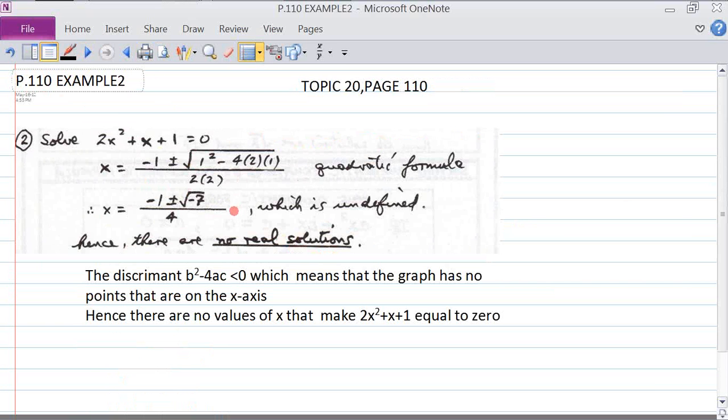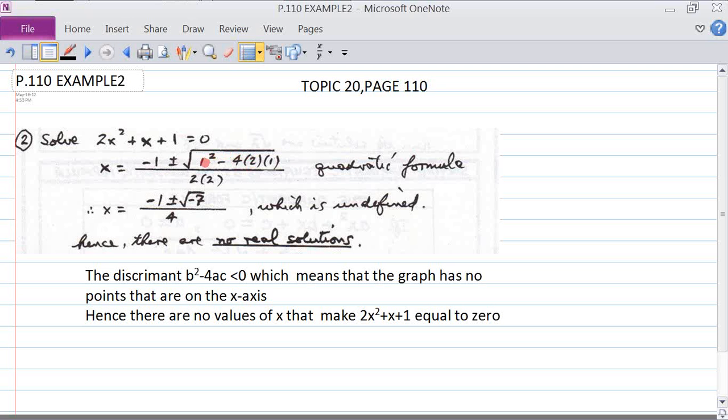Example 2 on page 10, we have 2x squared plus x plus 1 equals 0. And here we've got the quadratic formula, minus b plus or minus the square root of b squared minus 4ac, over 2a. The key thing is to look at the discriminant.